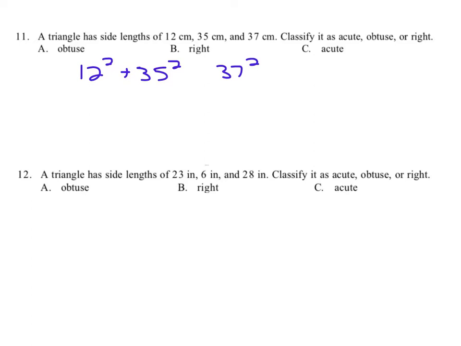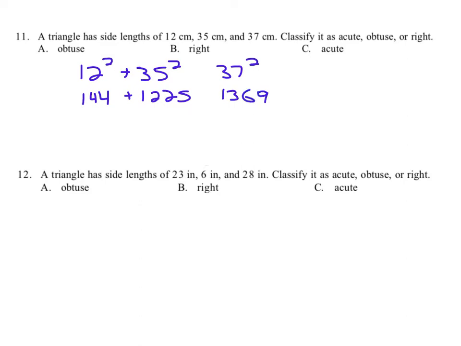So let's first see what we get there. 12 squared, 144. Could do that one in my head. 35 squared, 1,225. And 37 squared, 1,369.